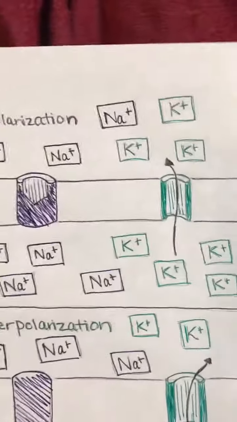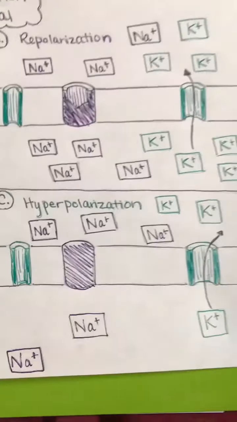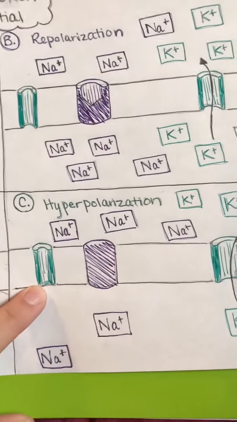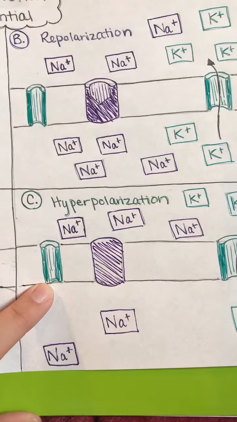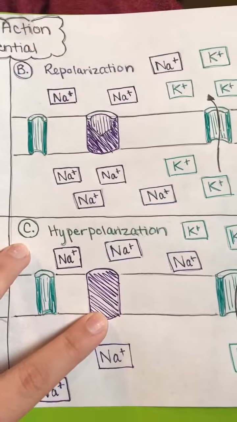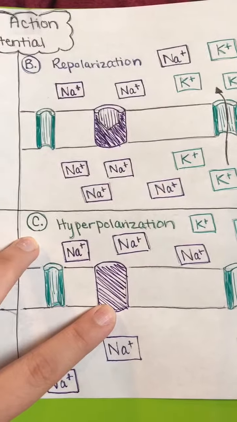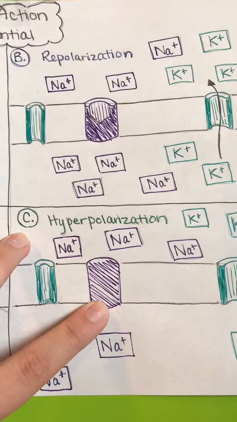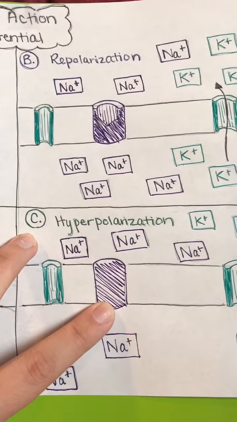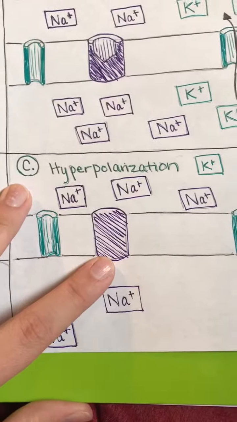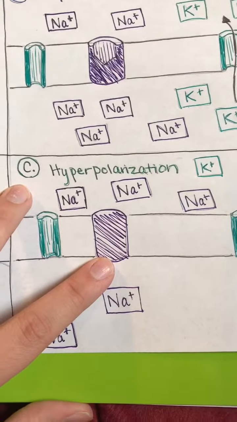Then, in hyperpolarization, again, we have the always open potassium leak channel. Now, this is drawn a little bit differently than above. Above in part B, the sodium voltage-gated channel is inactivated, whereas in hyperpolarization, part C, it is closed, not inactive.